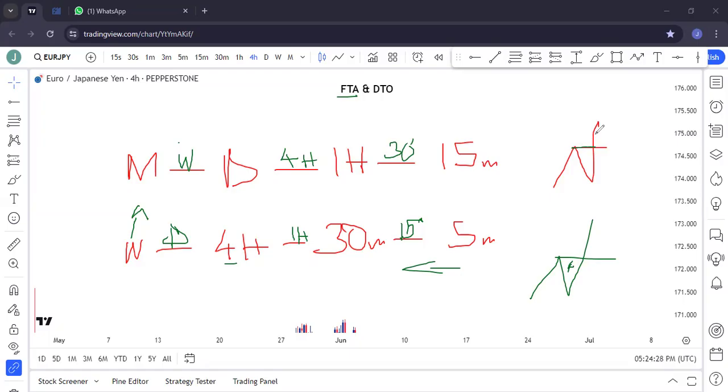That means there is high probability of market to fetch liquidity below this high in order to come and break the high. So if you mark the 1 hour shift like this, and then you find the market break the low, and you start asking yourself, why did the market do this?